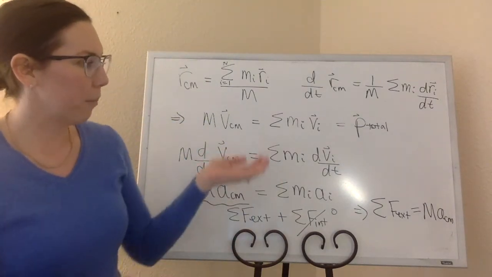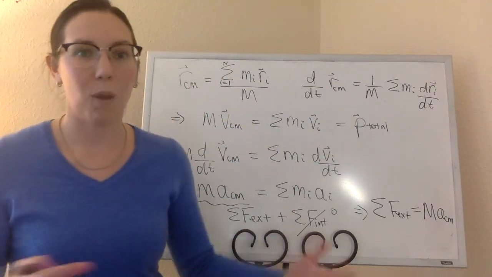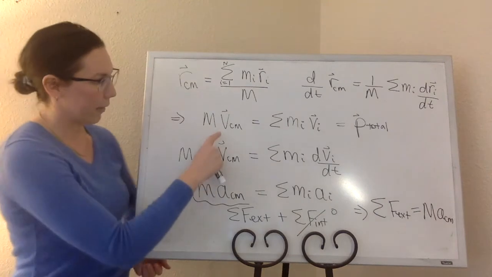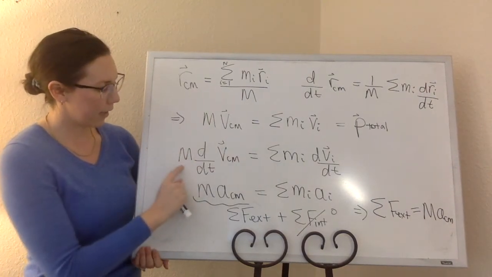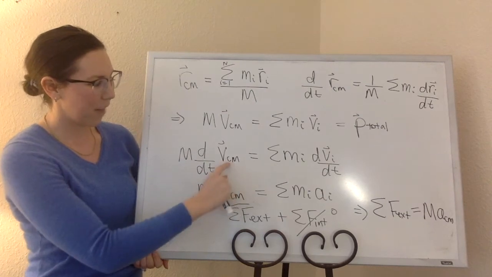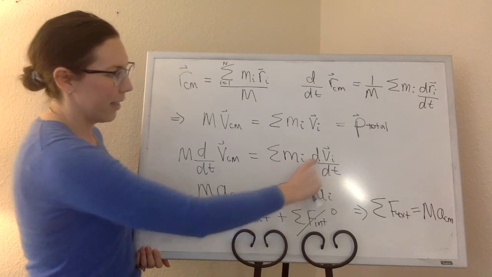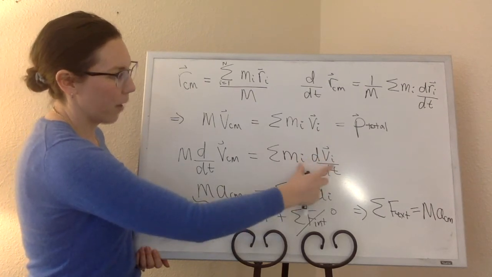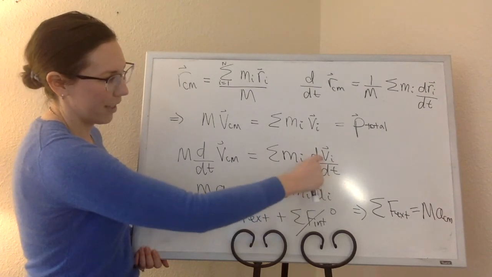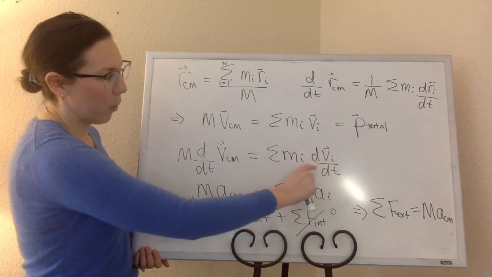And we can write a similar relationship for the net force. So let's differentiate one more time to get acceleration. If I take the derivative again, I can still pull the mass out, take the derivative of the velocity of the center of mass, and then I have the sum of all the masses, and each one is the product of the mass times the derivative of its velocity for that particular point mass.